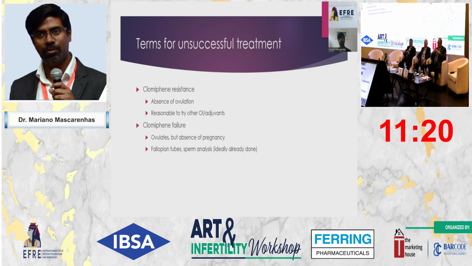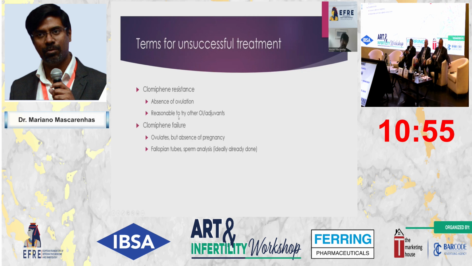What do we mean when clomiphene hasn't worked? It's important we define certain terms here, because unsuccessful treatment can mean different things, and the appropriate treatment might be quite different. Clomiphene resistance means they are not ovulating at all, and in that case, it is reasonable to try other ovulation induction agents or adjuvants.